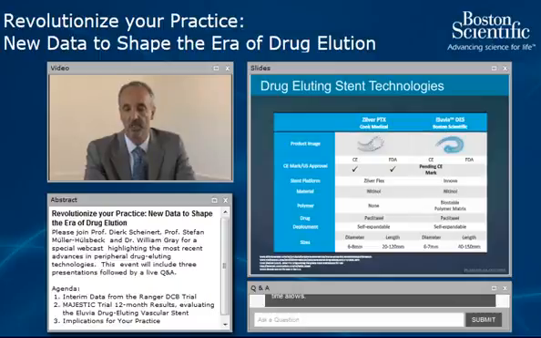When we look at drug-eluting stents, it's a little simpler. There are really only two to talk about. There have been several failures in drug-eluting stents, but these are the two that have really emerged as winners. The Zilver PTX, which is already available in the United States and in Europe. It's based on a Zilver platform, and it has no polymeric coating, which means the paclitaxel is just sprayed directly onto the stent.